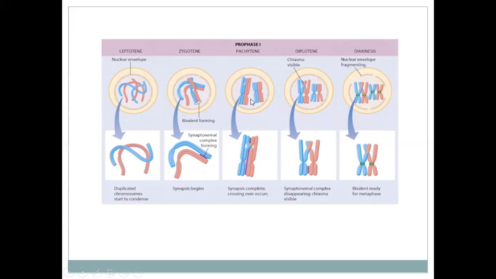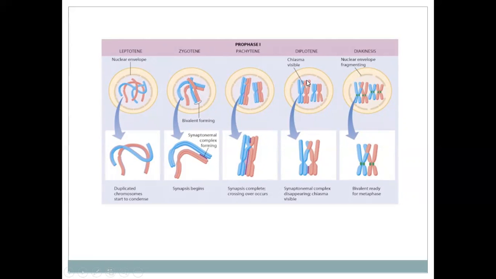Here the picture is faded, but I try to show you the long thread-like chromosomes present in the leptotene stage. In the zygotene stage, the two chromosomes remain as paired homologous chromosomes, that is synapsis. Tetrad formation occurs in the pachytene stage, that means 4 arms of the chromosomes are together here. They are not attached, they remain in the same area.